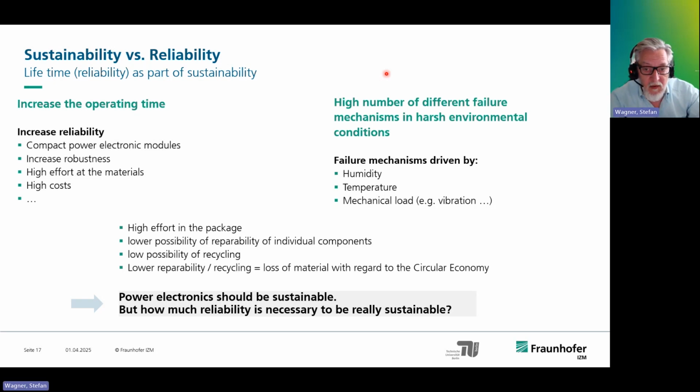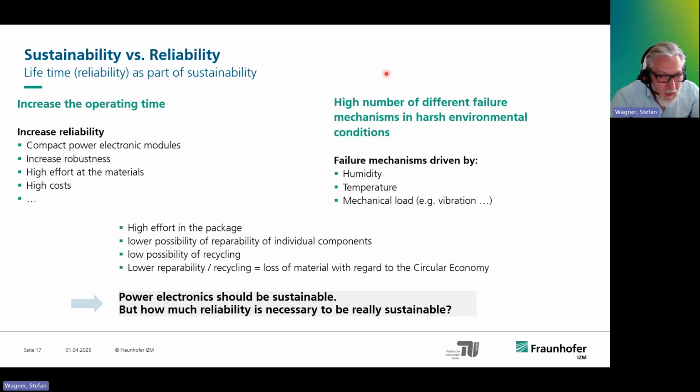So we have a high effort in the package. With this, we have a lower possibility of repairability of individual components, a low possibility of recycling, and a loss of material with regard to the circular economy.